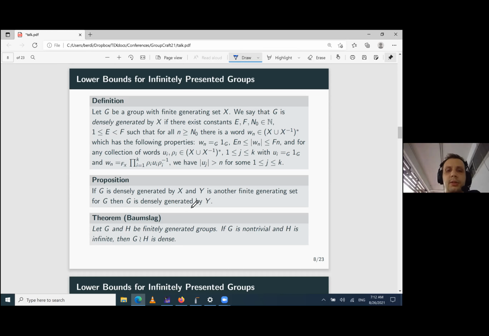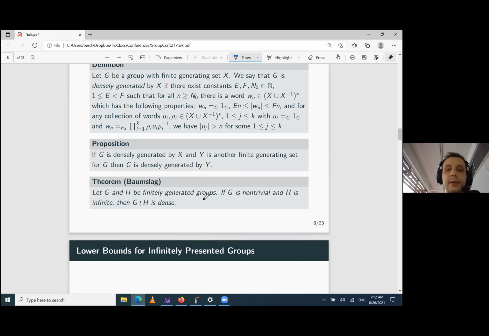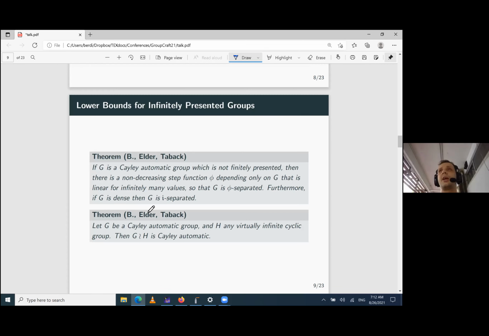This argument is just a slight modification of a classical result of Baumslag that wreath products are not finitely presented. So if you assume that your group is densely generated, for example a wreath product, then again these gaps are bounded from below by a linear function.